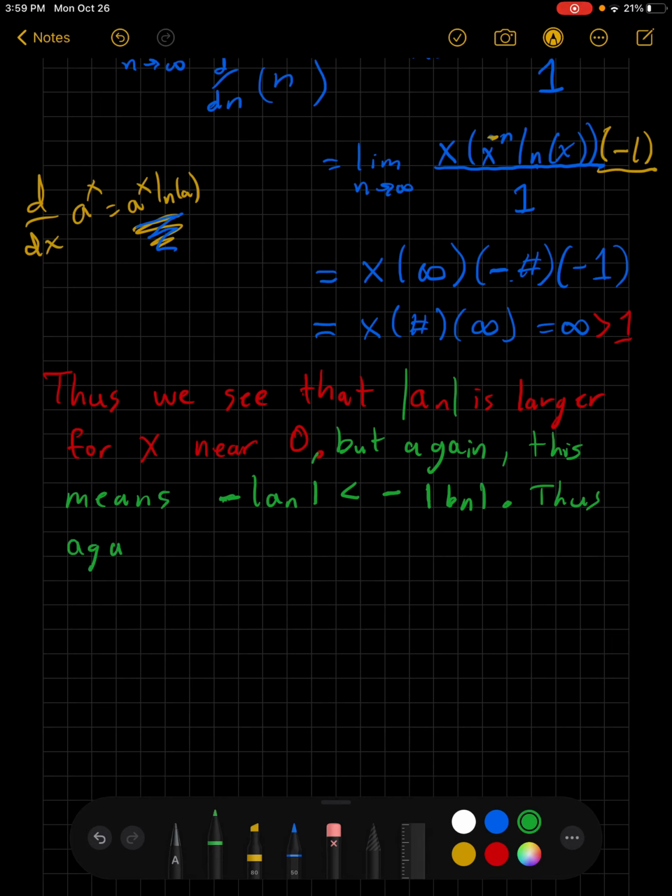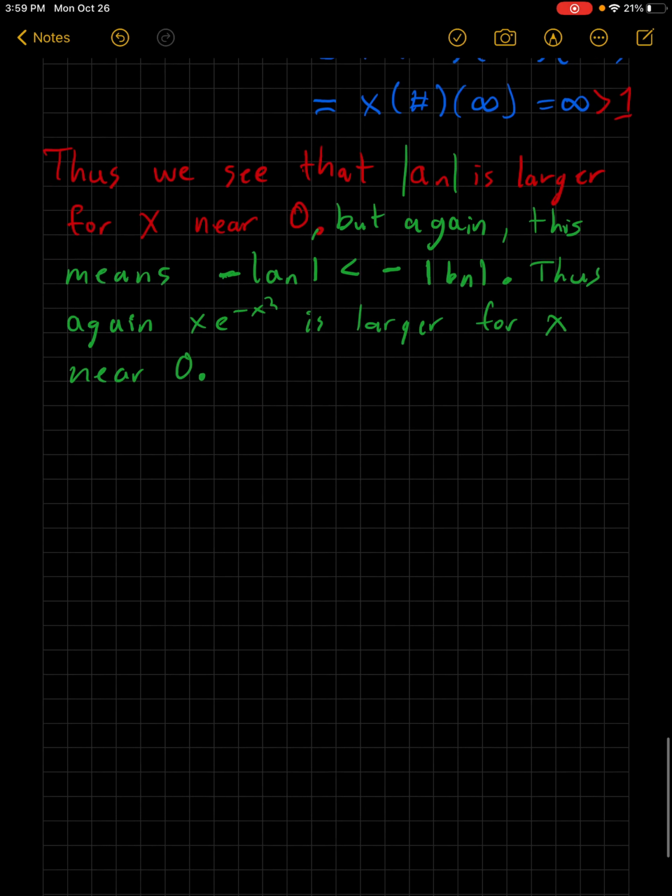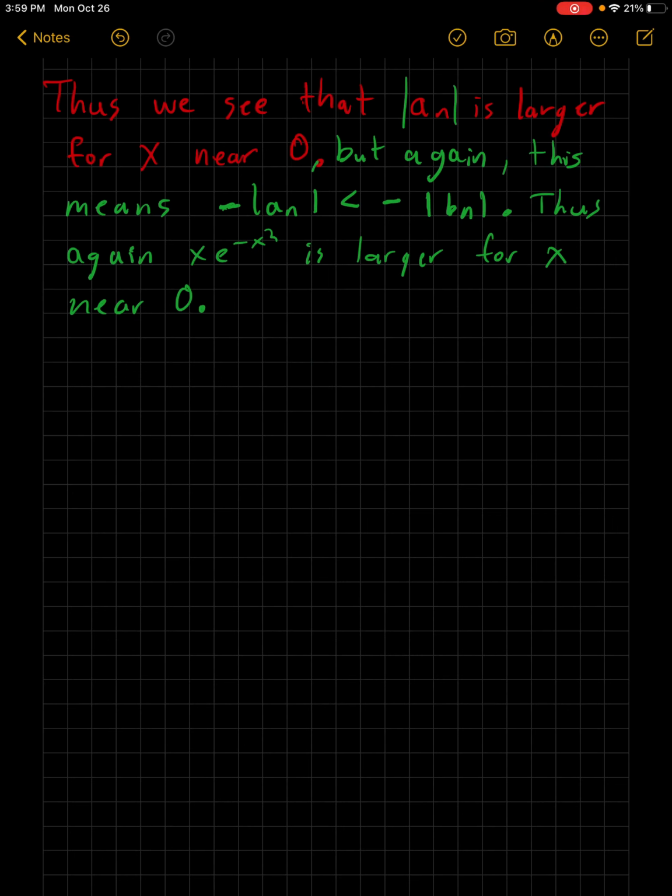And thus again, our series b, so x e to the negative x squared, is larger for x near 0.